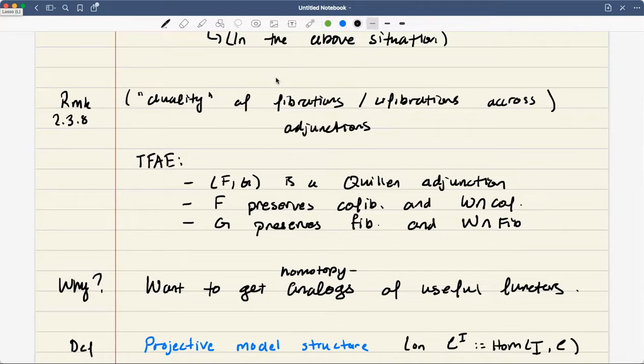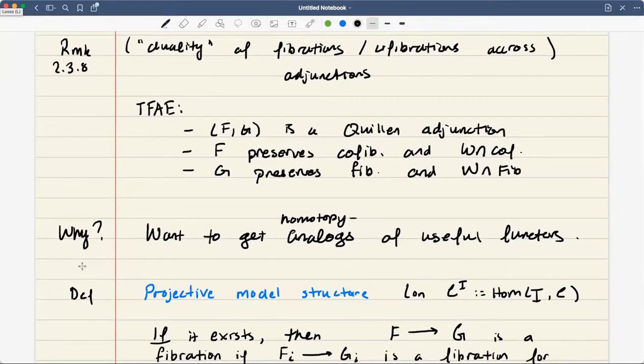And actually, I misspoke a little bit earlier. Either of those conditions is equivalent to the condition that F and G form a Quillen adjunction. So if one of these functors preserves seemingly half of the model category structure, then the adjunction fills in the rest, and you get that your adjunction actually descends to the homotopy category.